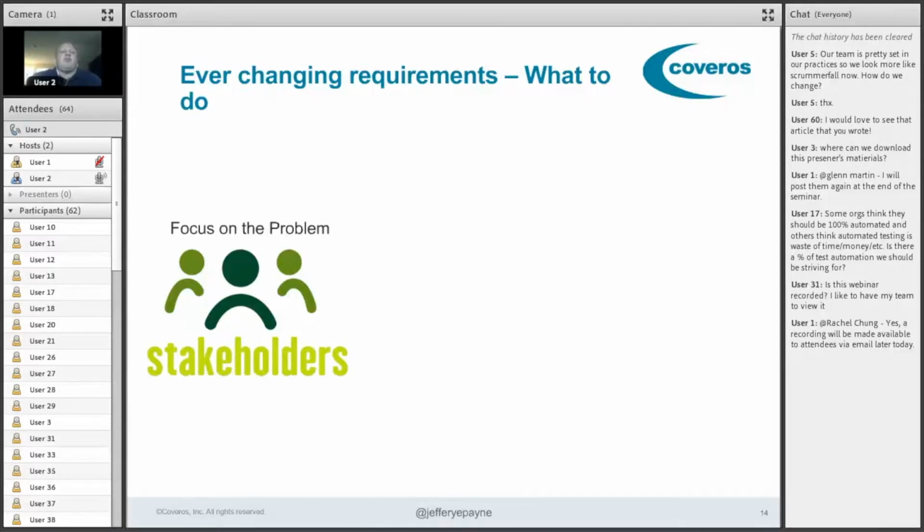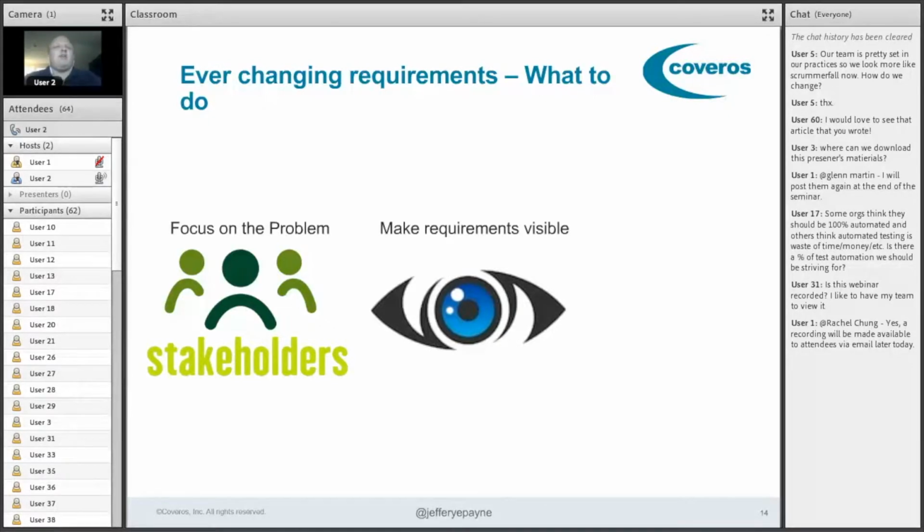And then you can start to define requirements that allow a team to figure out how to solve the problem. So taking a step back and working with the customer and the stakeholders to drill into what the problem is we're trying to solve, and then looking at the different competing stories or priorities to figure out what is most important to solve the problem, can zero your stakeholders in on the answer.